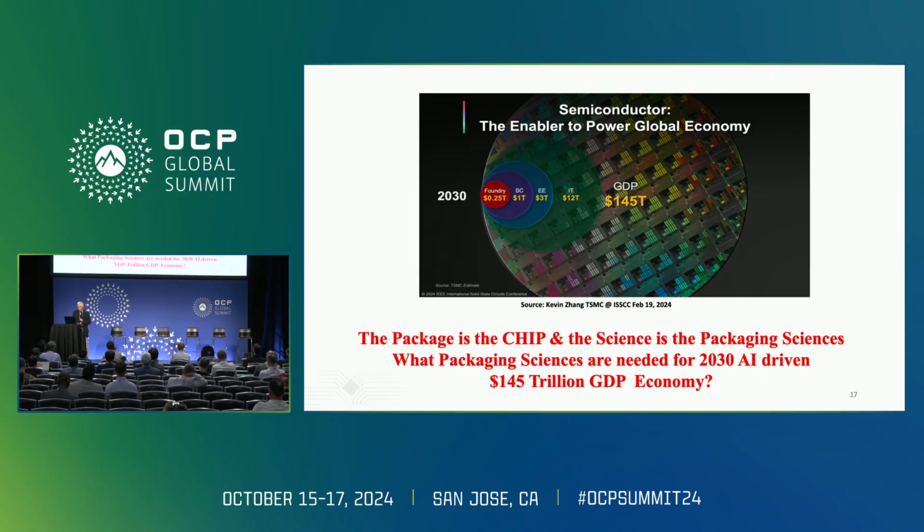And so the package is the chip, and the science is the packaging science. And what are the packaging sciences we all need to bring together so that we will create this 145 trillion GDP economy? That is all I have. Thank you very much.